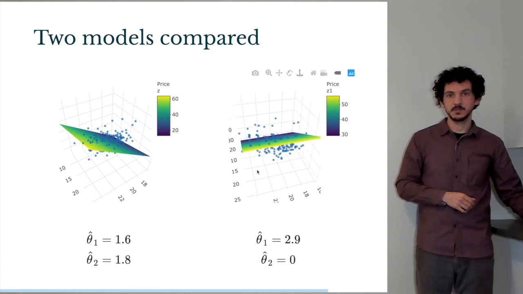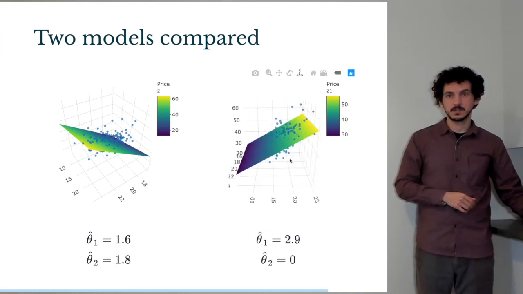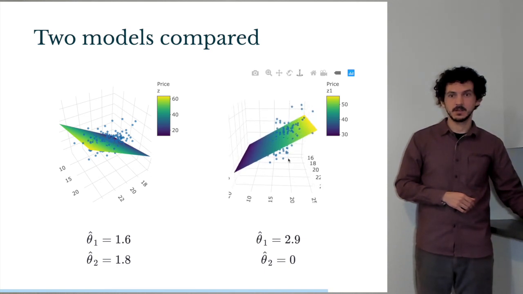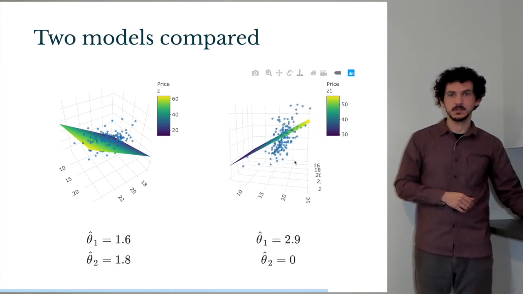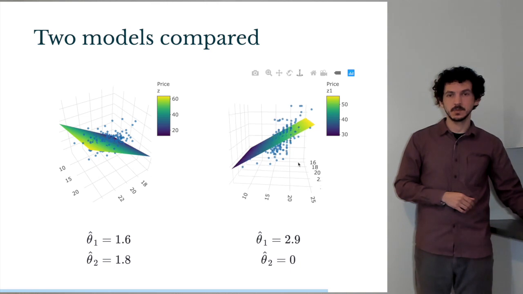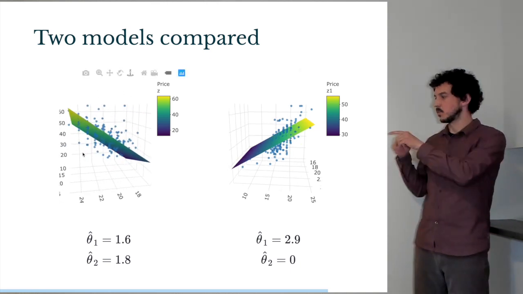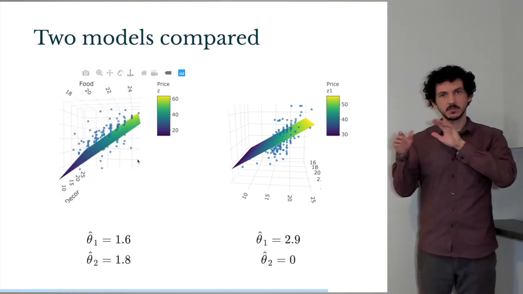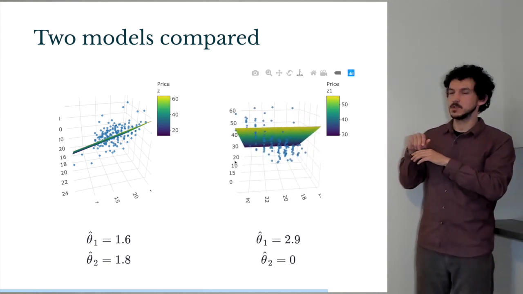So notice that we still have a tilted plane, but it's only tilted in one direction. If we look here, we see that there's no slope, but if we look at it in this dimension, we do see some slope. So what this is telling us is, if we think back to why models can only increase their R-squared when we add extra dimensions, think about this where we had two dimensions.